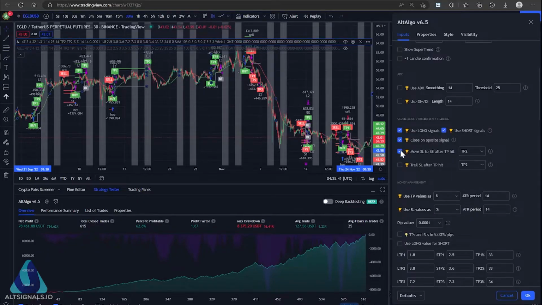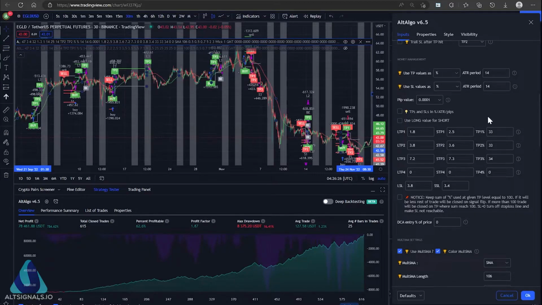Also, I eventually saw that the trailing on take profit 2 has given me better results. Then as you can see here, I also have changed my take profit strategy from 4 take profits into 3. Sometimes when you have 4 take profits and a few of them are quite close to each other, it's better to go to a 3 take profit strategy.